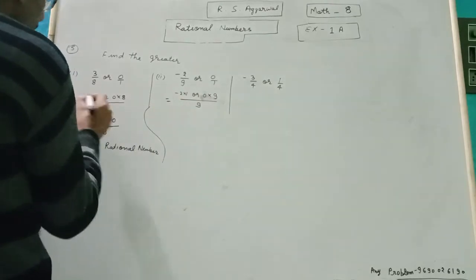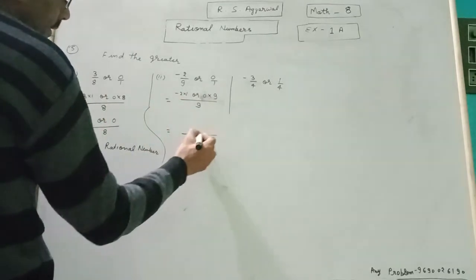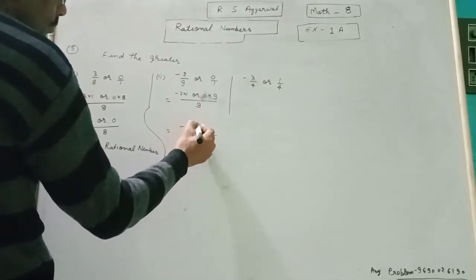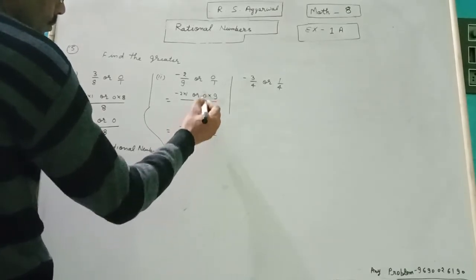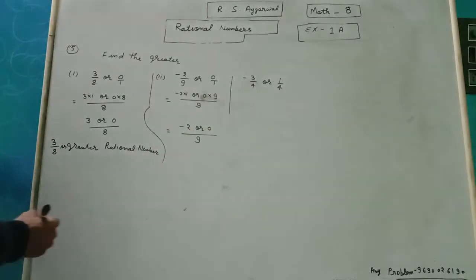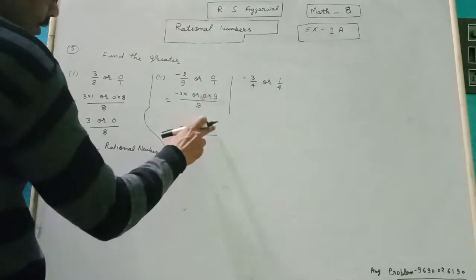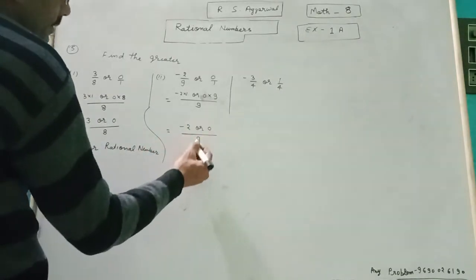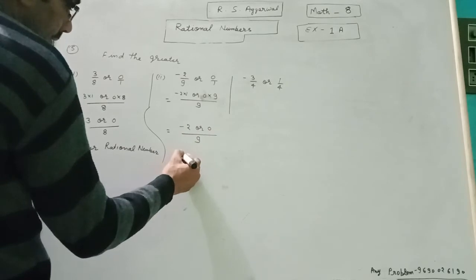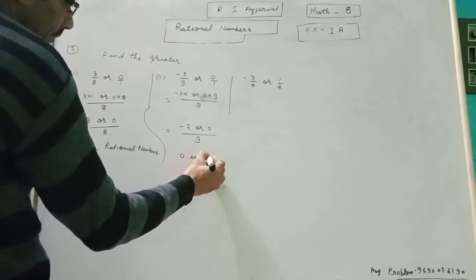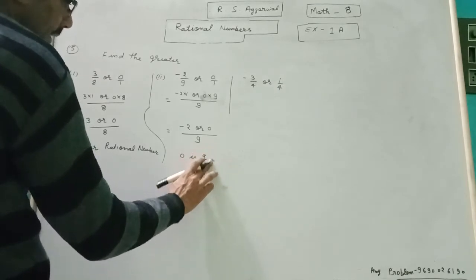After multiply, minus 2 or 0. Who is greater? 0 is greater than a minus number. So 0 is greater in the second part.